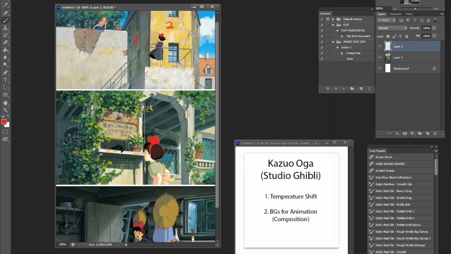Because if they are reading as the same temperature, you are not going to create the sense of three dimensionality. This is absolutely a fundamental when it comes to painting.